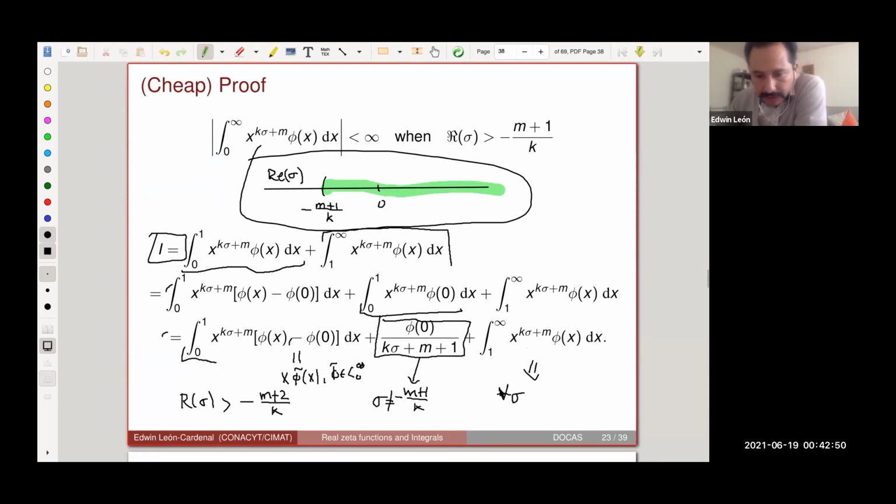What is this bigger set? Something of this form.